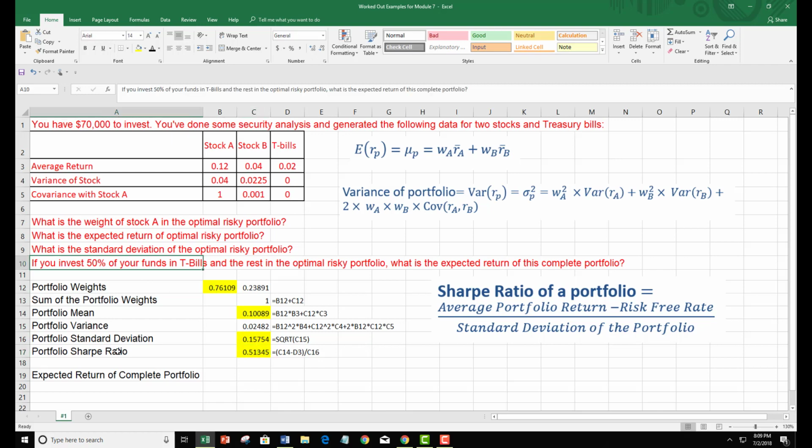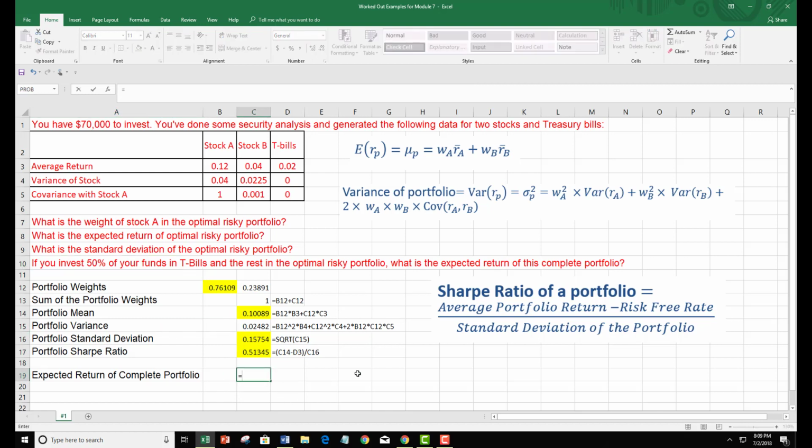Now finally it is also asking the expected return of the complete portfolio if you invest 50% in the T-bill and the rest in the optimal risky portfolio. In this case, what you can do is, so 50% you have invested in the T-bill, therefore 50% times the average return of the T-bill, which is 0.02, plus the remaining 50% times the average return of the risky portfolio, which is 0.10089.